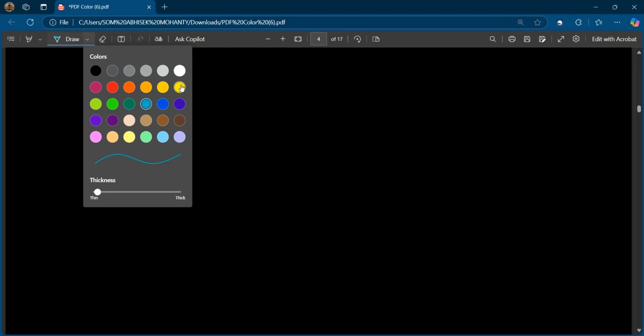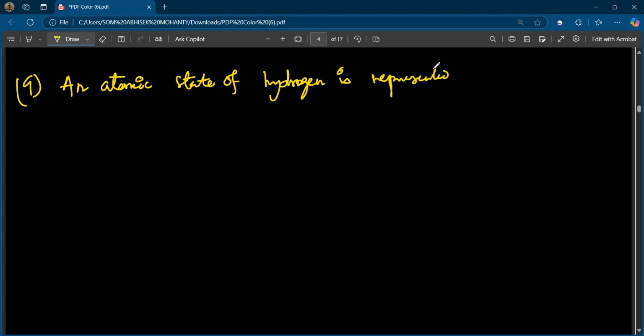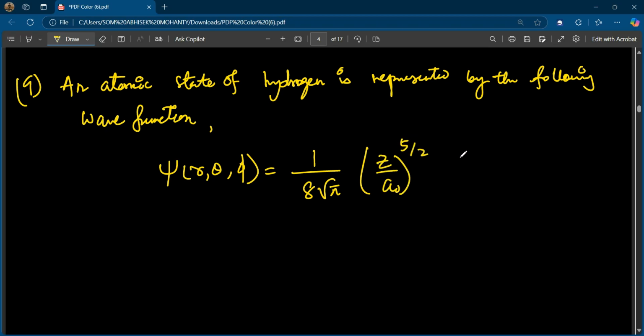An atomic state of hydrogen is represented by the following wave function: psi (r, theta, phi) equal to 1 by 8 root pi, (z by a naught) to the power 5 by 2, r sin theta, e to the power minus r by 2 a naught, e to the power minus i phi.